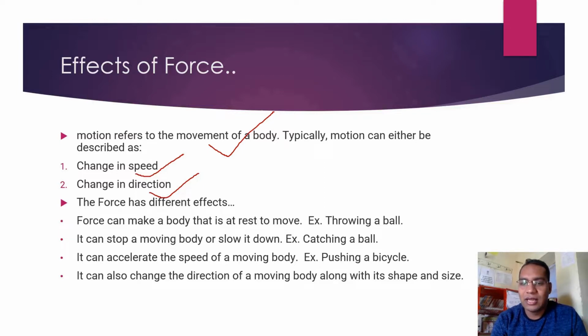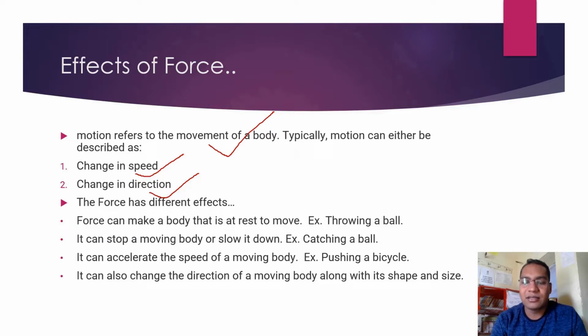Likewise, a ball is at rest, and we pick it up and throw it to the other person, then it starts moving. It can stop a moving body: if a batsman hits a ball and it is moving, a fielder tries to catch that ball and it stops in his hands.